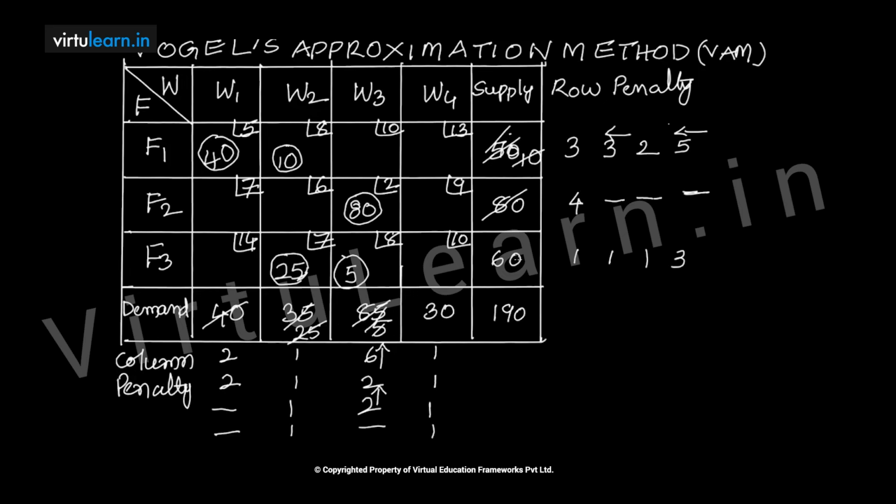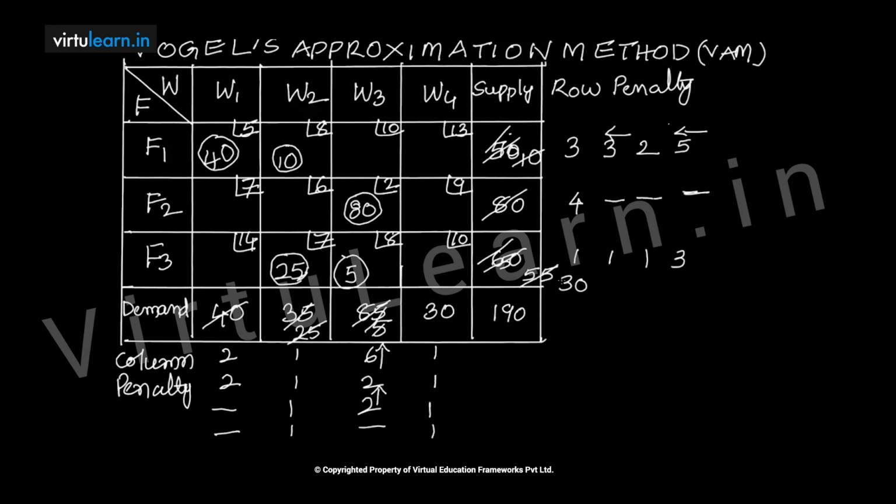But out of 60, earlier we had 5 made allocation, 55 was there. Out of 55, now we'll make 25 allocation. So here we have 30 units available.